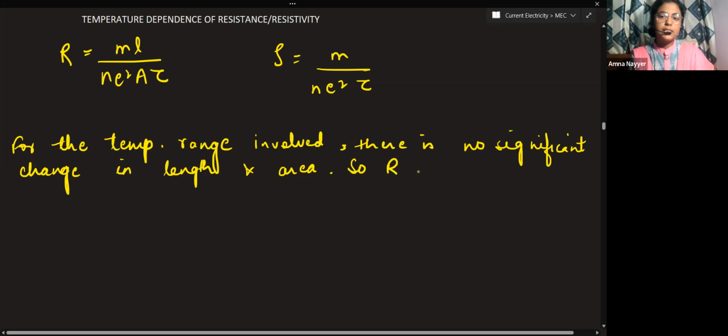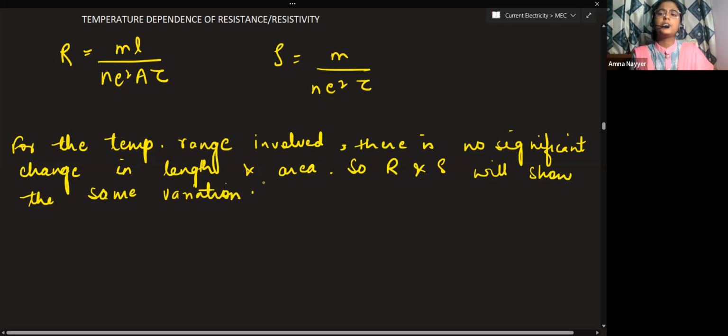So resistance and resistivity, both of them will show the same variation. Now, this was a general point that you should just keep in mind.